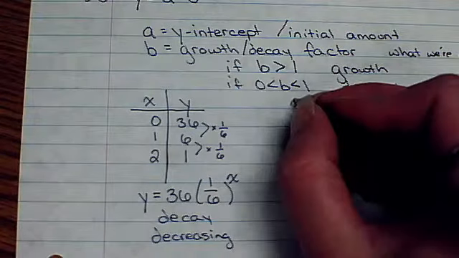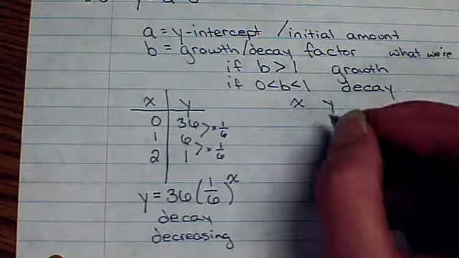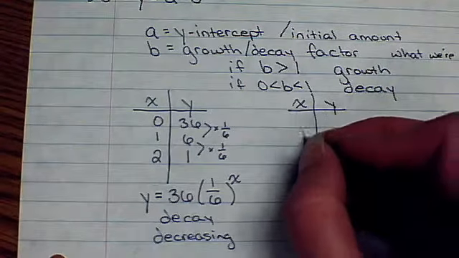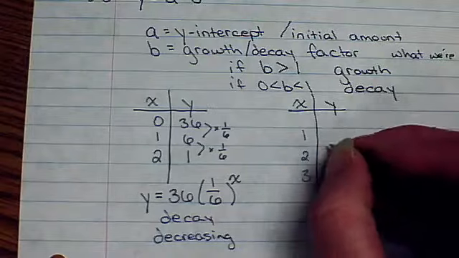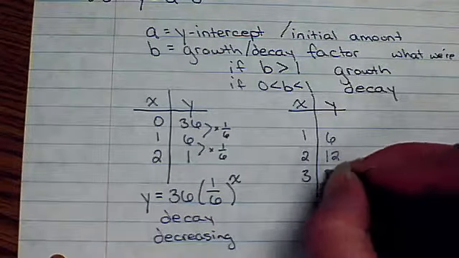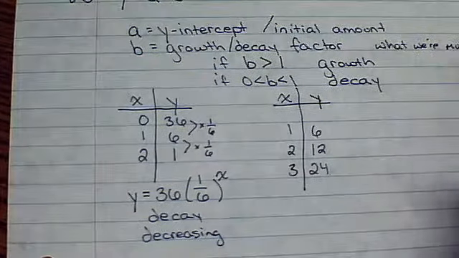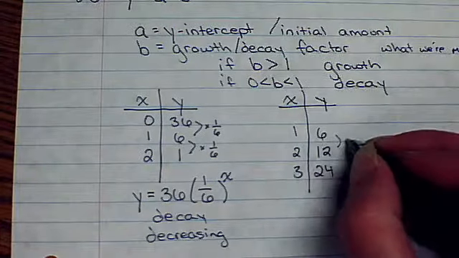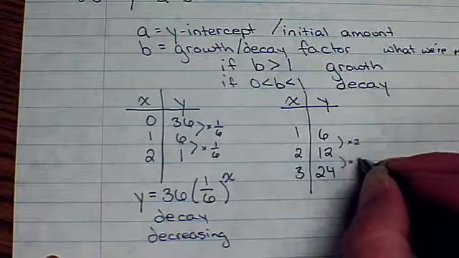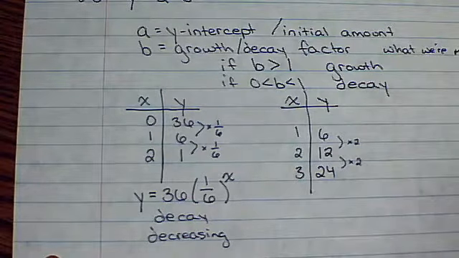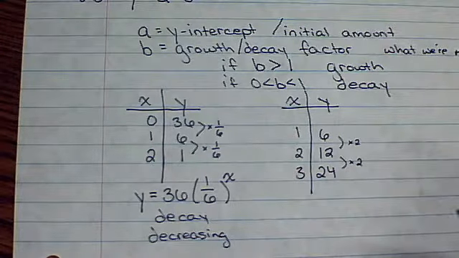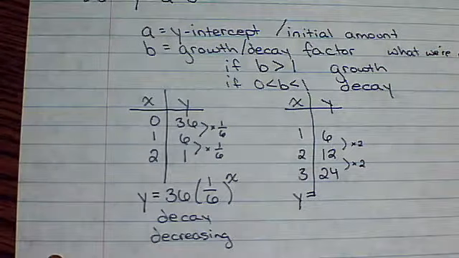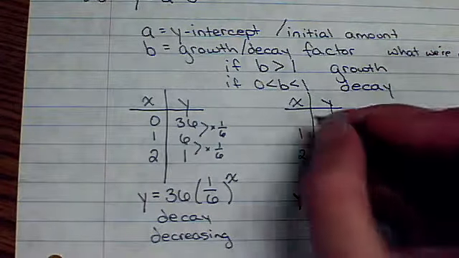Let's try another one. Are we multiplying by the same thing each time? That's going to tell us if it's exponential or not. Times 2, times 2. We are. So I know it is exponential. Y equals, wait, I don't have the 0.